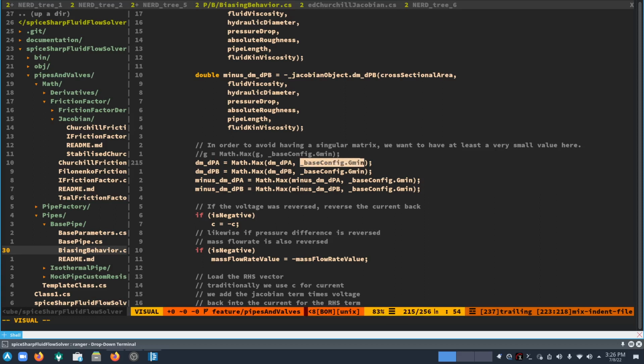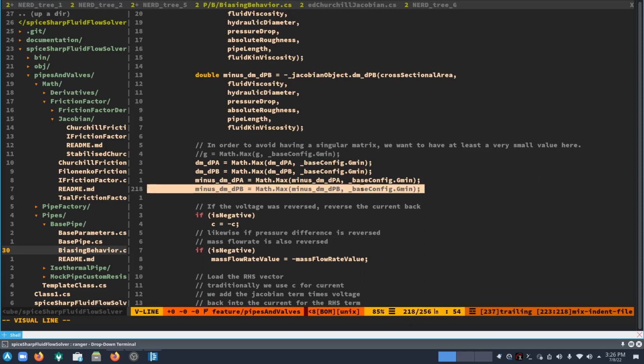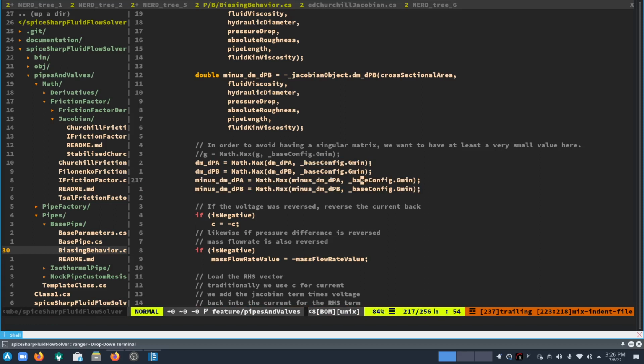It's a very small value just above 0, so that we can actually solve the matrix. It's a numerical thing to help convergence. However, for the negative part here, if we use the math max value, we'll get some sort of error. So we need to do something about this.